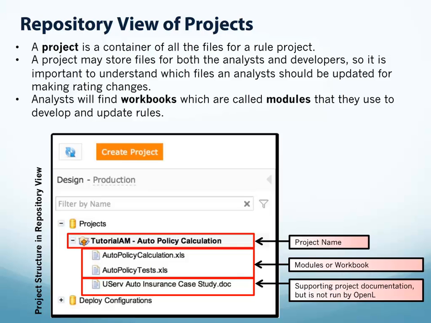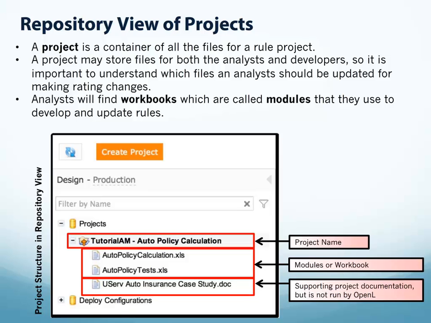It is critical that you understand the files inside the project which should be updated by the analyst. As a standard, the files in the rules folder are the ones that an analyst should update. These files you'll see are the Excel files. Each Excel file is listed in a rules folder and is called a module, as we've discussed previously.